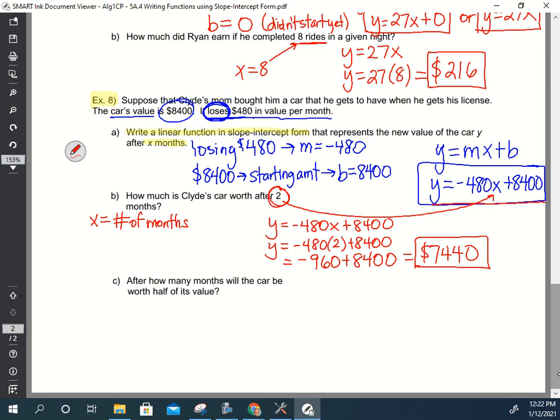So after 2 months, his car is worth $7,400 and a little bit of change. That is how cars work. The more you drive it, the less value it has.